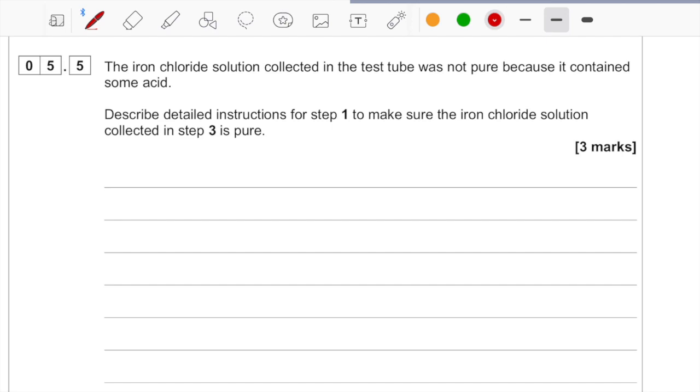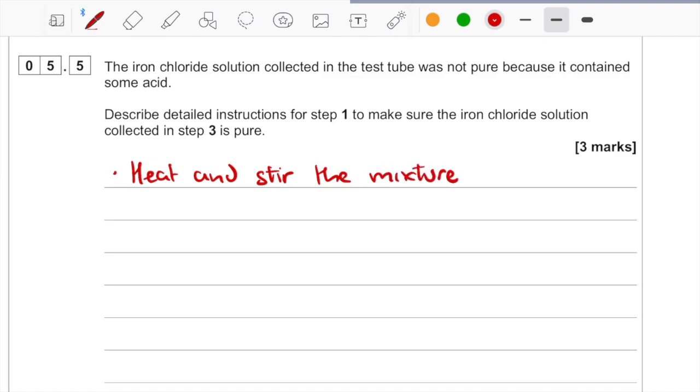Because as we added it, it disappeared because the reaction took place, and once it no longer disappeared, it meant we'd added it in excess, right? But the other thing that we did was we heated the reaction mixture. So what we're going to do is heat and stir the mixture.